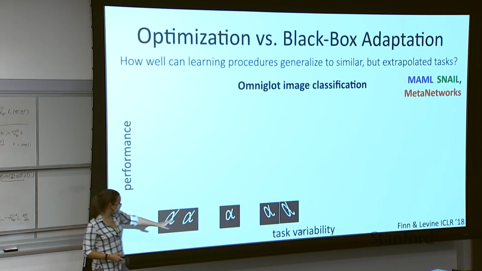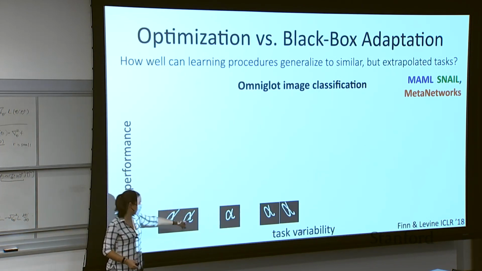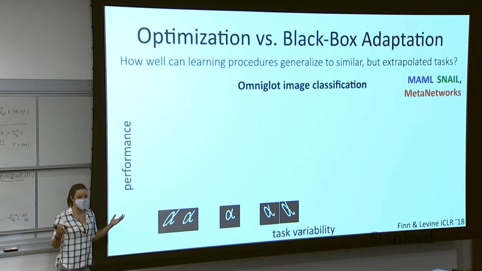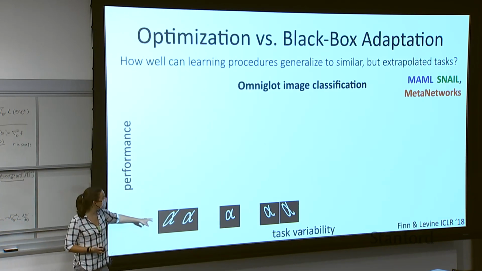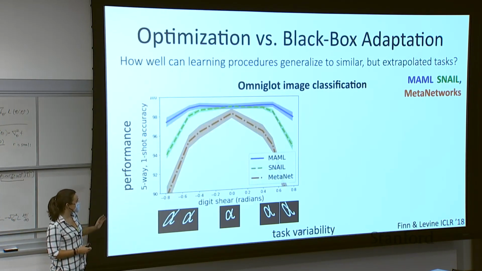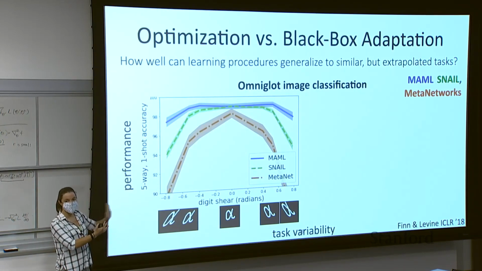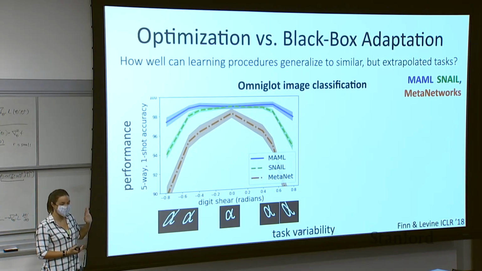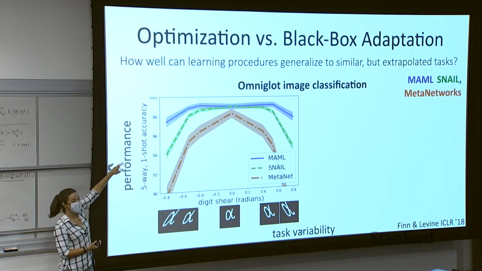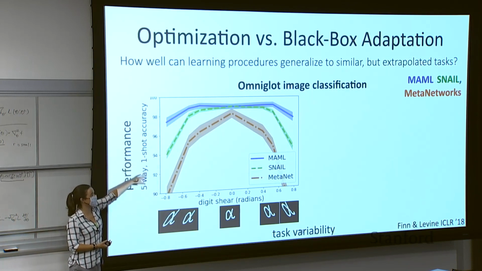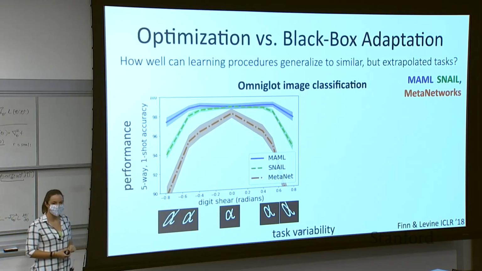So for example, maybe we meta-trained on digits that are upright, and then we're evaluating on tasks where the digits are skewed. In this case, you see that performance deteriorates as you move away from the kinds of tasks that you saw during meta-training, but it deteriorates a lot less for a MAML-style algorithm compared to these black box algorithms.